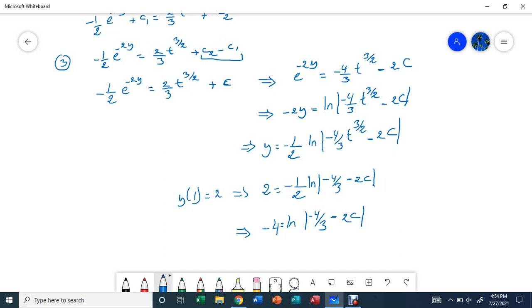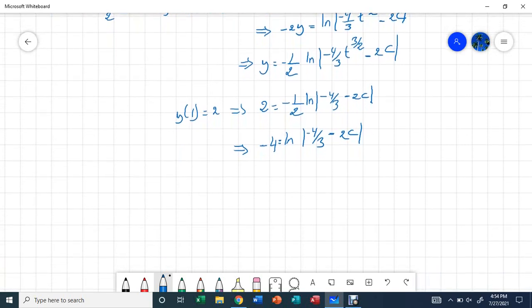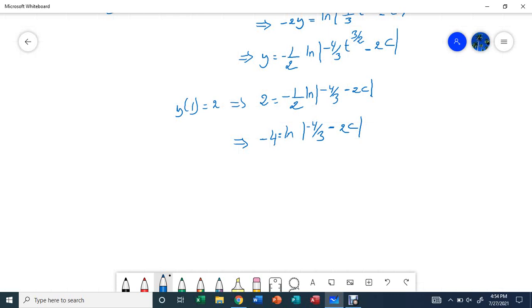And now to solve for C, I'm going to exponentiate both sides. So e to negative 4 equals negative 4/3 minus 2C. Again, 2 is a constant, C is a constant, so I'm just gonna substitute C prime for 2C.